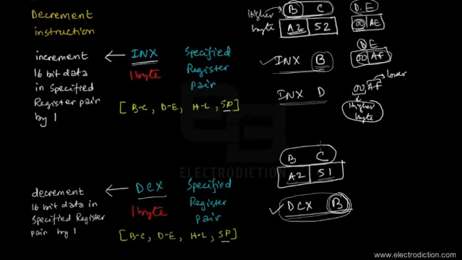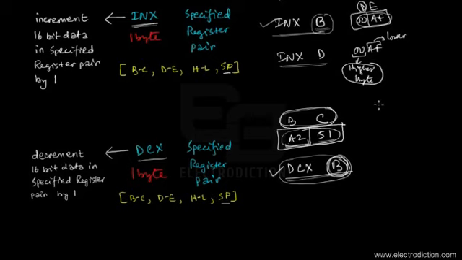Since we're working with the BC register pair here, and register B contains the higher byte of the 16-bit data, we just write the name of the B register. Similarly, if we work with other registers, you would do the same.